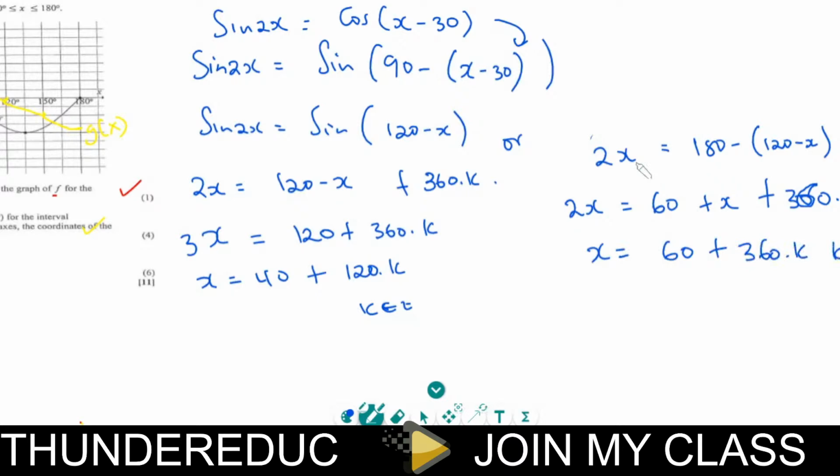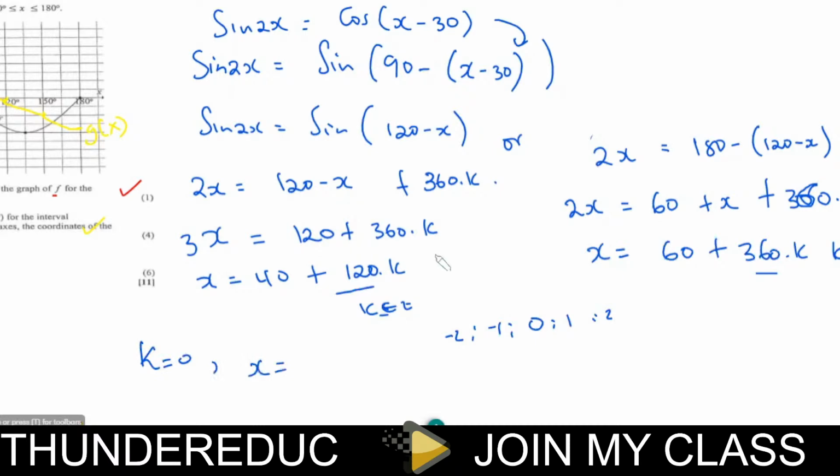Now, remember we said k represents any integers. So which integers are between negative? If that's 0, this is 1, -1, you can even have -2, and then +2. So you can substitute any. But looking at my values of 120 and 360, if I replace k with a 0 from the first equation, then x is going to be 40.